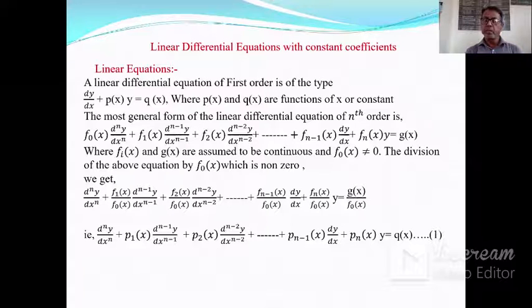Then the equation becomes equation number 1: d^n y by dx^n plus p1 of x into d^(n-1) y by dx^(n-1) plus p2 of x d^(n-2) y by dx^(n-2) plus ... plus p(n-1) of x into dy by dx plus pn of x into y is equal to Q of x.